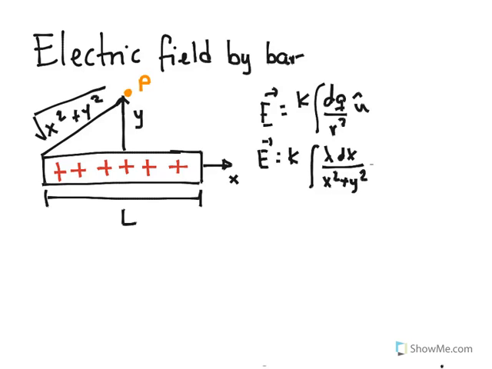And for the unit vector, we're only going to take components of y, since components of x are going to cancel each other, and the resulting vector will be in y.